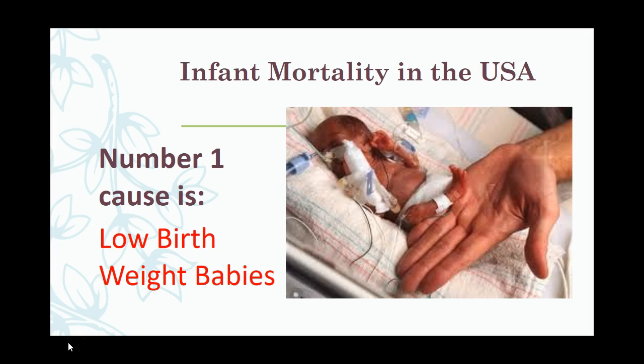And it seems like such a simple thing, but it really is the number one predictor when it comes to infant mortality. So really important piece to pay attention to.